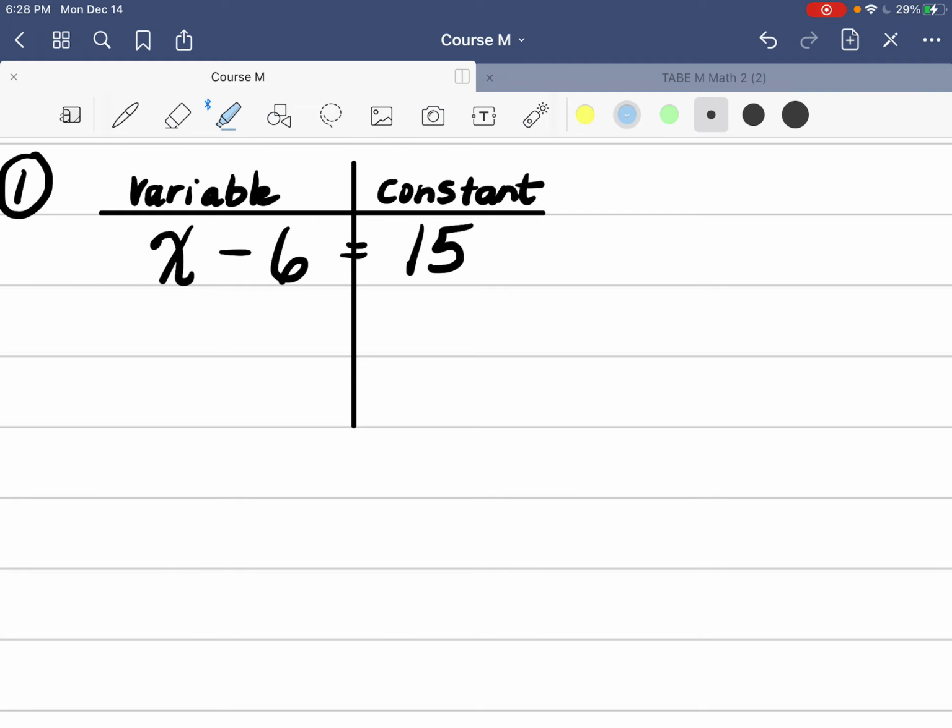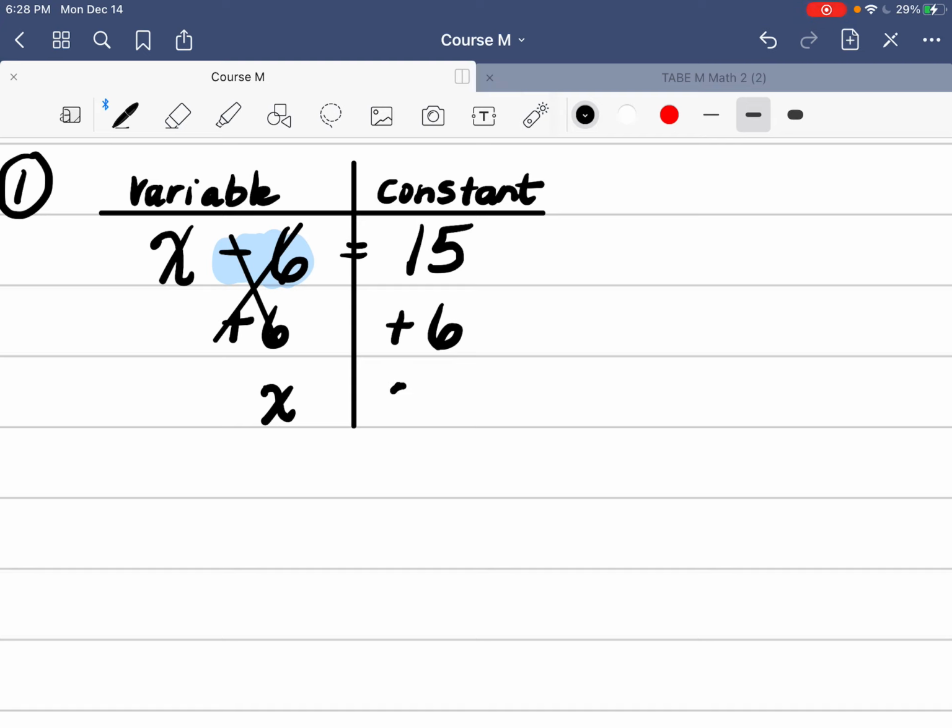Third step, ask yourself what needs to move. And it's this minus 6. You move with opposites. You cancel. You copy. I had 15 and I won 6 more, so I have 21. And you standardize.